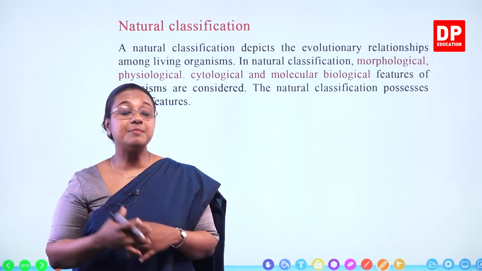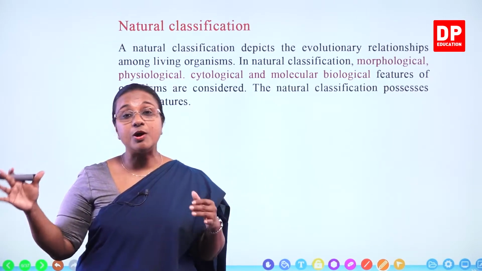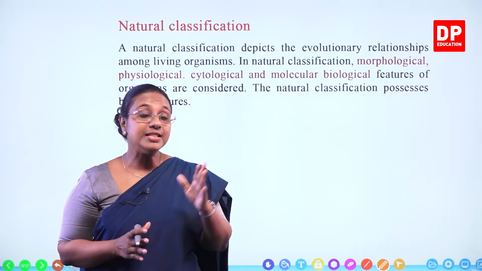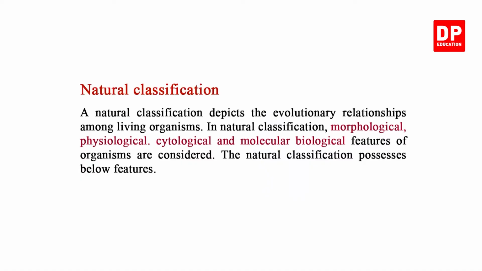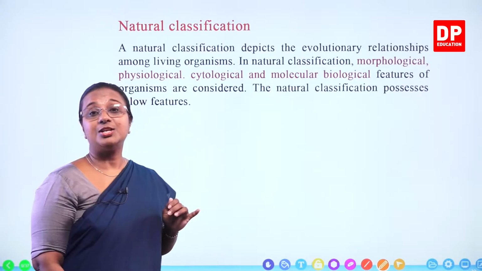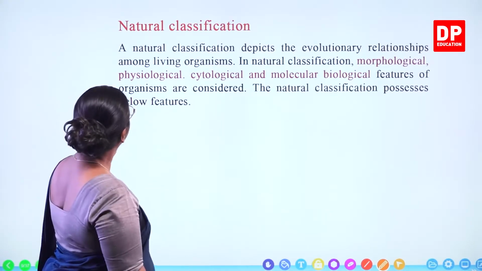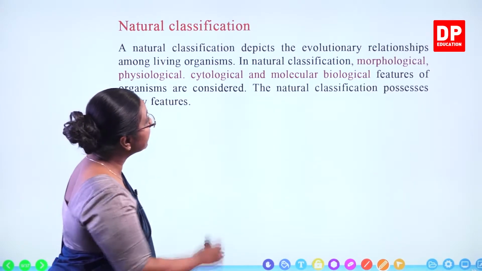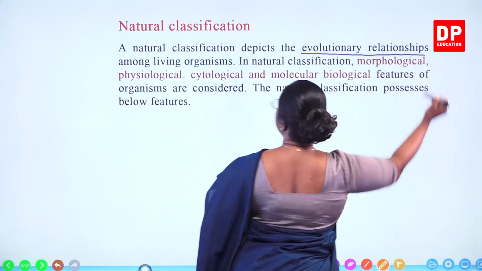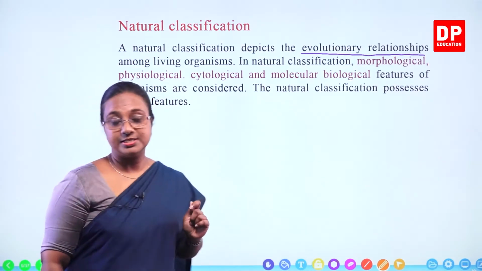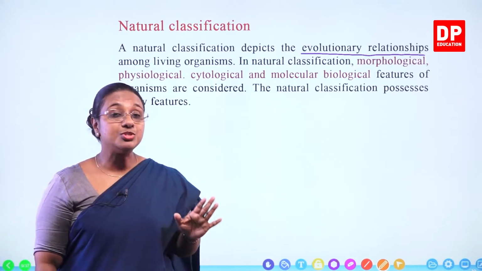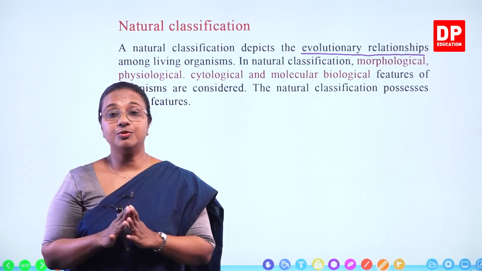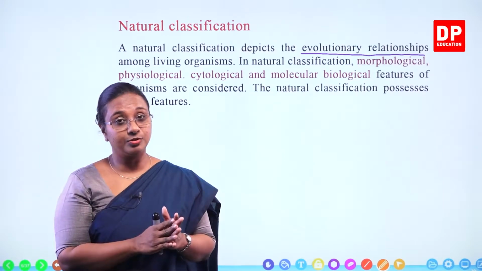Because of that, sometimes organisms that need to belong to totally two different groups come together. So that is why there was a need for natural classification. So now we'll try to understand what that is. Natural classification depicts the evolutionary relationships among living organisms. So when we say evolutionary relationships, you all know vertebrates are a certain group, invertebrates are a certain group.